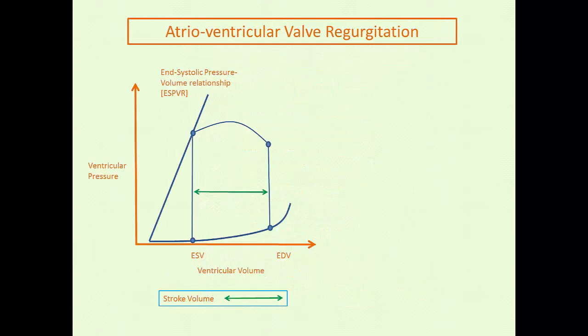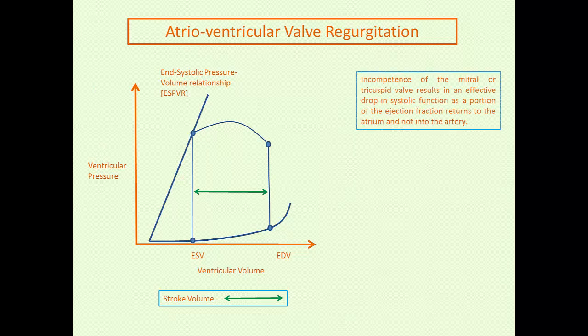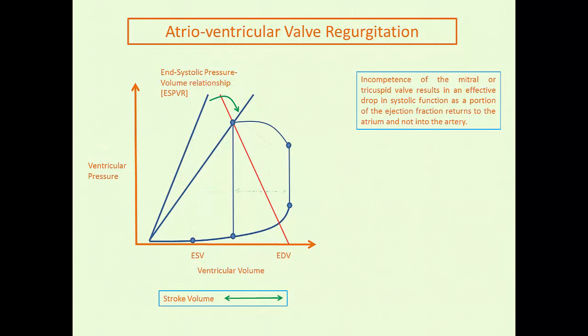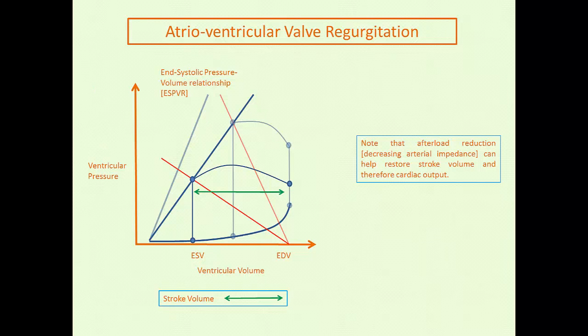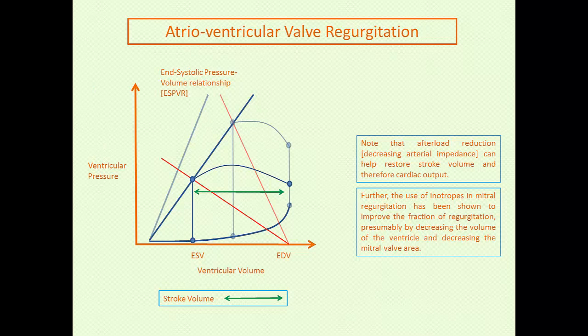So if this is AV valve regurgitation, say mitral valve regurgitation, well, it's sort of like lowering your end-systolic pressure-volume relationship down into the left, because you're ejecting some of your cardiac output back into the left atrium, so your forward stroke volume is quite reduced. And what happens if you afterload reduce these patients is you actually augment the stroke volume, and this is the physiology that you see when you have a patient with really bad mitral valve regurgitation, and you lower their arterial impedance.